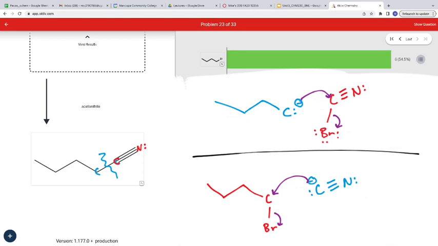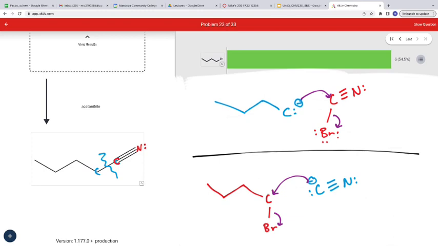If we look at the red one, now what's going on? Well, we've got a carbon with two very electronegative groups connected to it. On top of which, what's the hybridization of that carbon? It's got two groups of electrons, so it is sp.